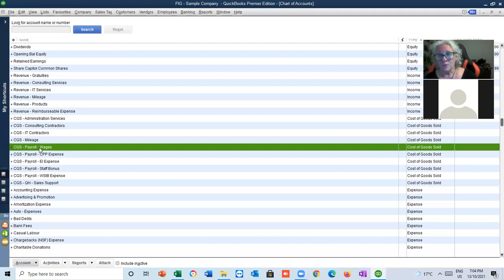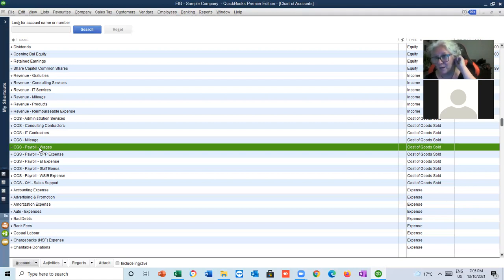But there's many industries where I would put payroll as a cost of goods sold if that's my biggest cost to make revenue. I have done that, and I work with a lot of accountants, and we have done that.